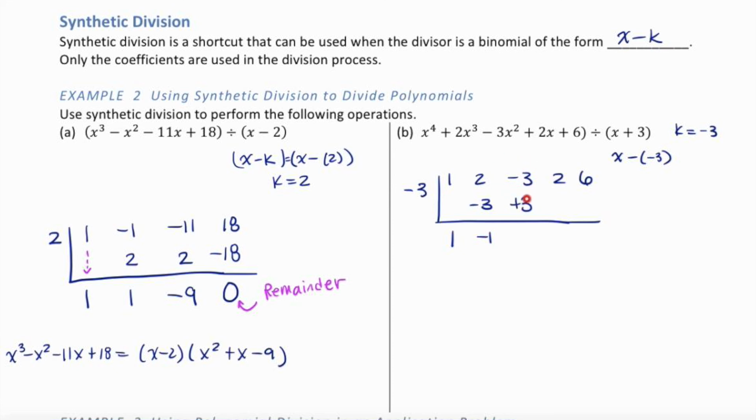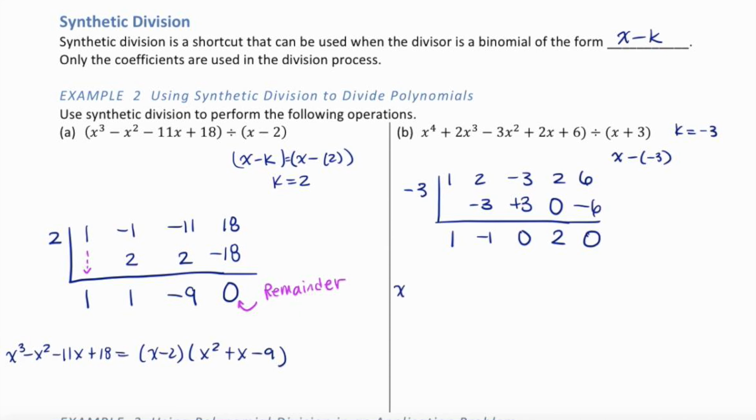Negative 3 plus 3 is just 0. Negative 3 times 0 goes here, and that's just 0. 2 plus 0 is just 2. And then finally, negative 3 times 2 is negative 6, and that gives us a 0.